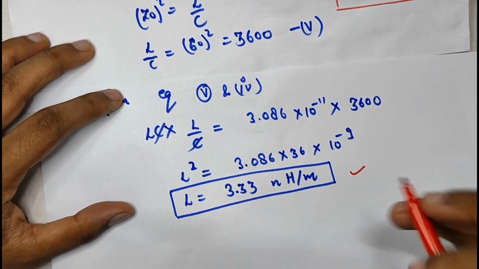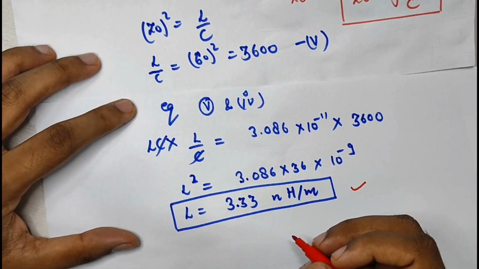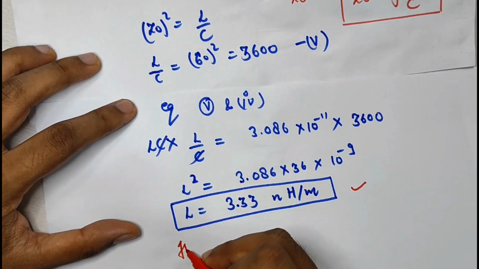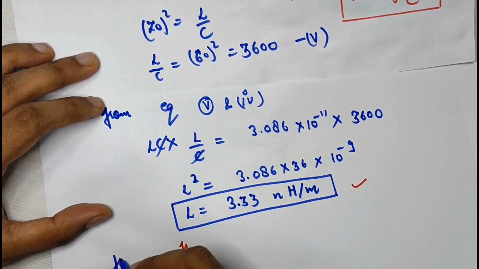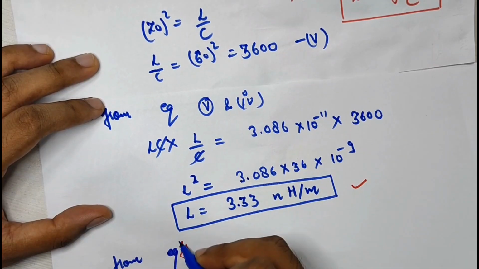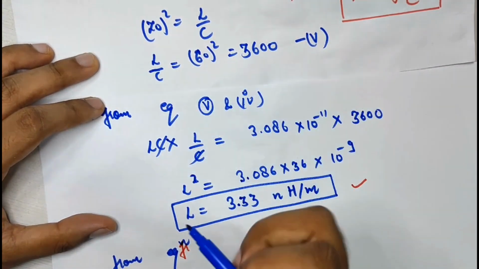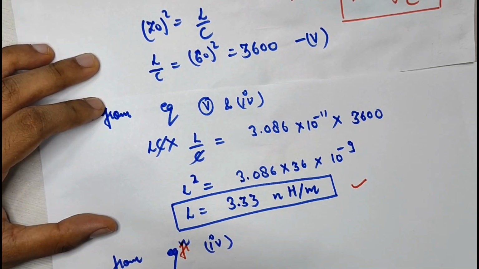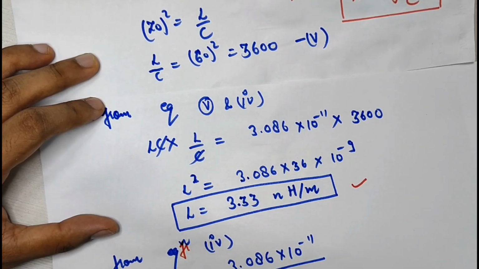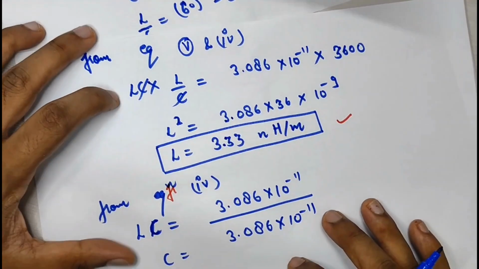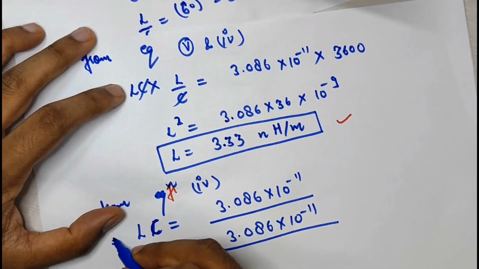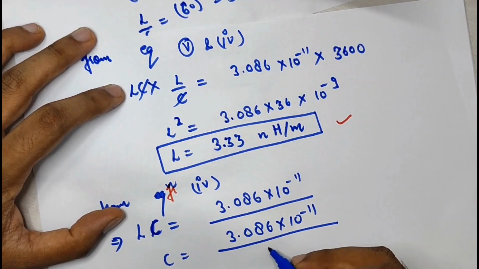We have L. Now similarly we can calculate C. From equation fourth, C can be written as LC divided by L. What is the value of L?